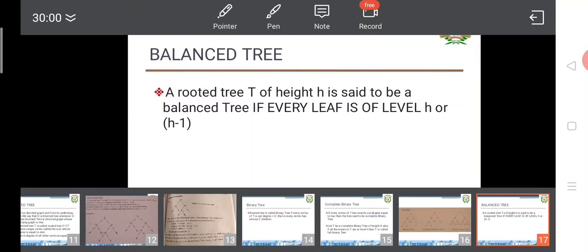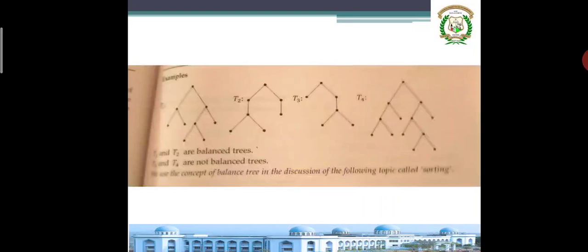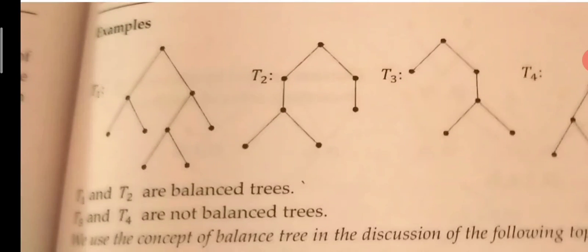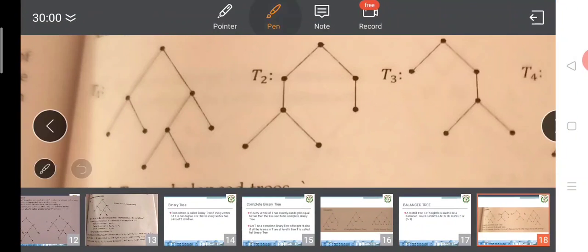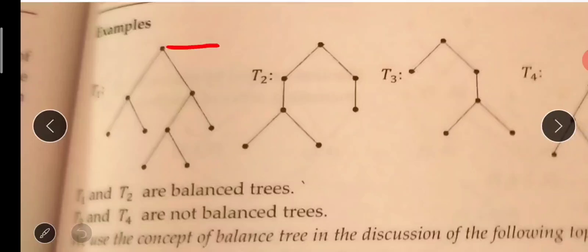Next, balanced tree. A rooted tree of height h is said to be a balanced tree if every leaf is at level h or h minus 1. It is known as a balanced tree. If you observe this, T1 and T2 are balanced trees because of where the leaves are.